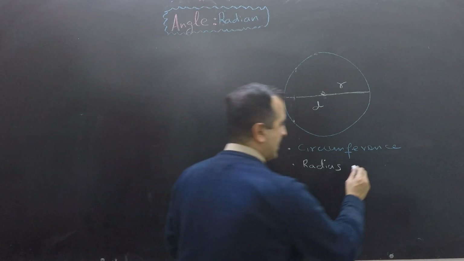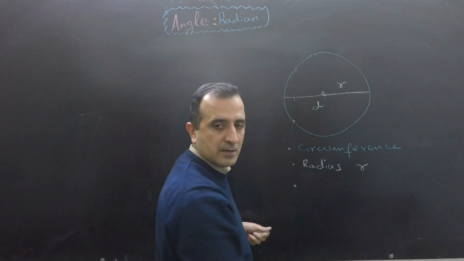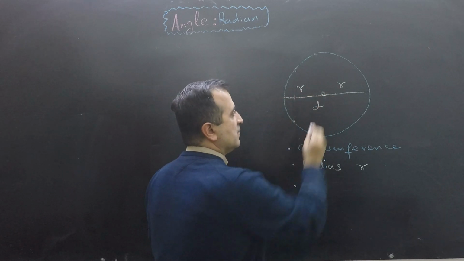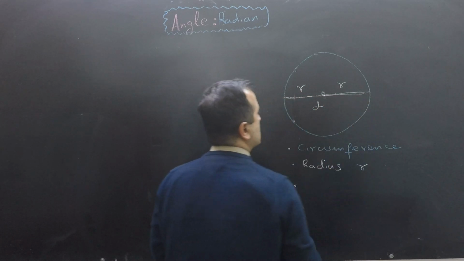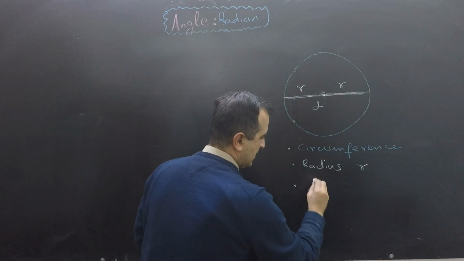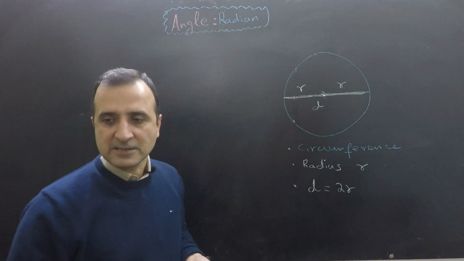We have a radius r, and this is r and this is also r, right? From here to here we have radius, from here to here we have radius, and this whole thing is the diameter. So diameter is equal to 2r. Make sense?